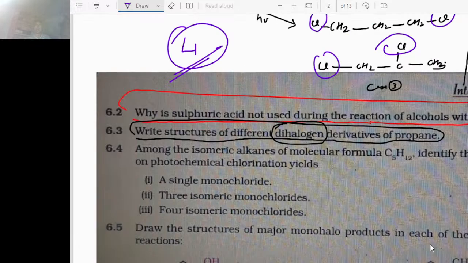Among the isomeric alkanes of molecular formula C5H12, identify the one that on photochemical chlorination yields a single monochloride, student. So this is also quite simple.